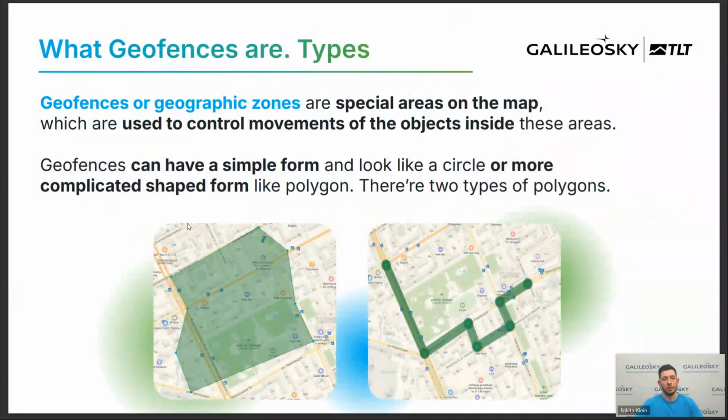So let's start. What are geofences in general? Geofences are special areas on the map which can help you to control the movement of your vehicle or your asset. The idea is quite simple. You can draw it right on the map, or you can create the borders of a geofence inside the algorithm and then determine if the device is inside the geofence.